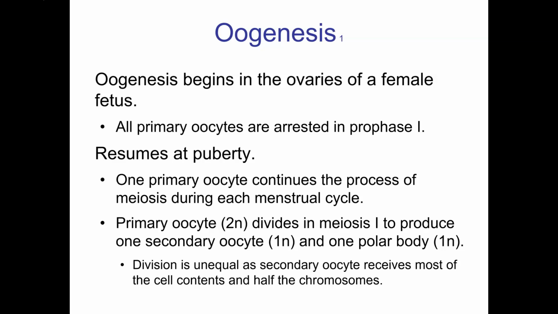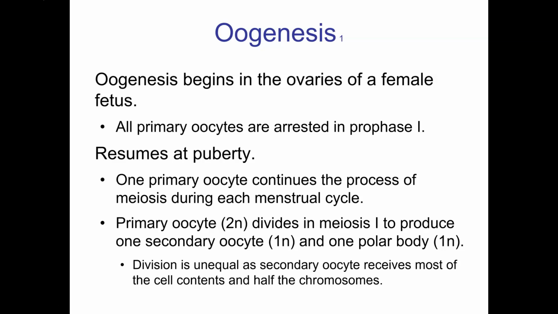So all of the oocytes will go through and arrest in prophase 1. They basically stop the division and they just sit there. Then we go through infancy and childhood, and until we hit puberty, those eggs are inactive.